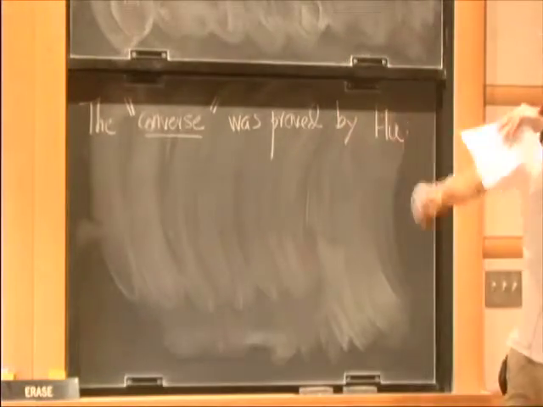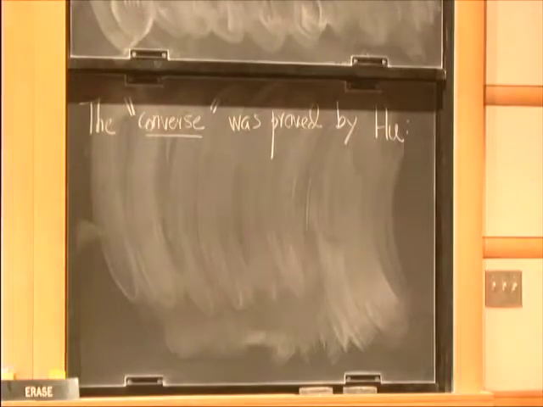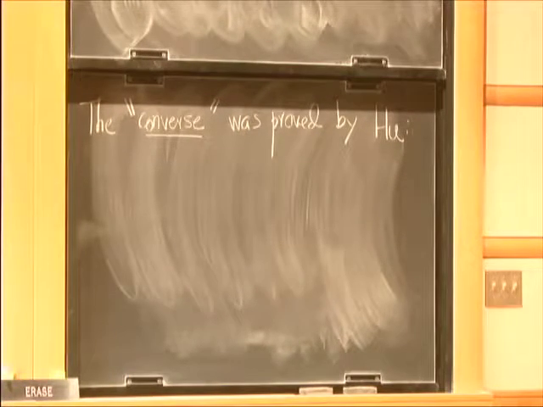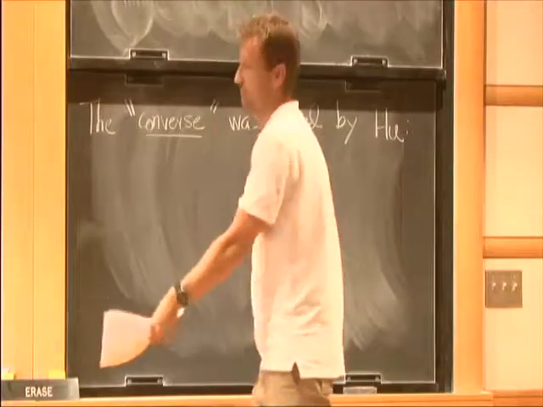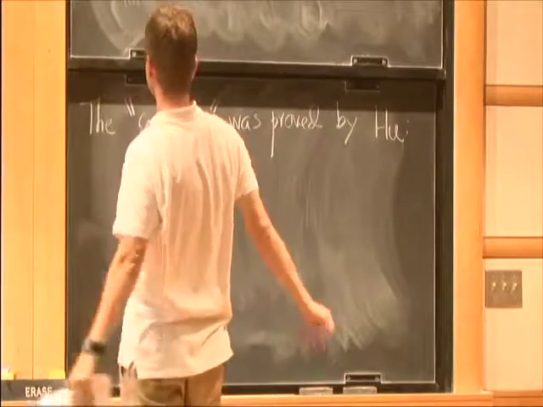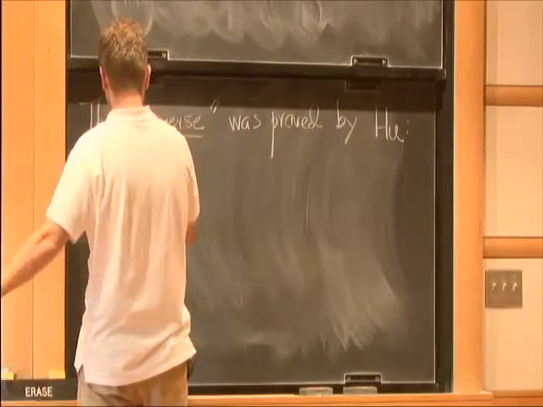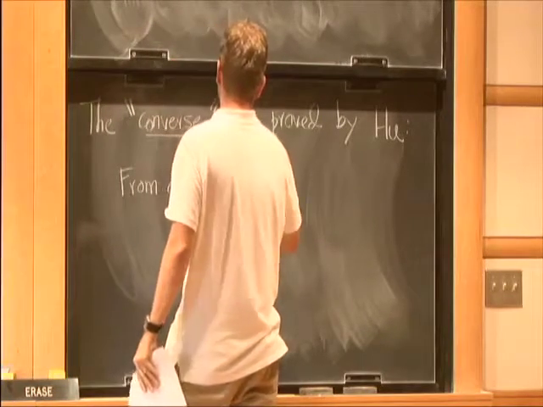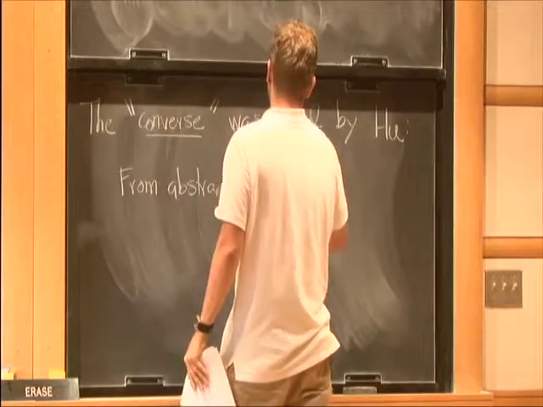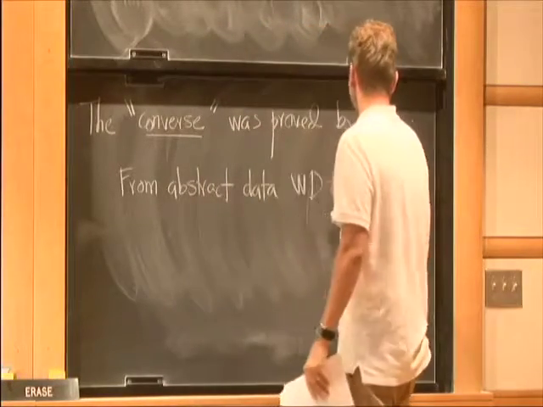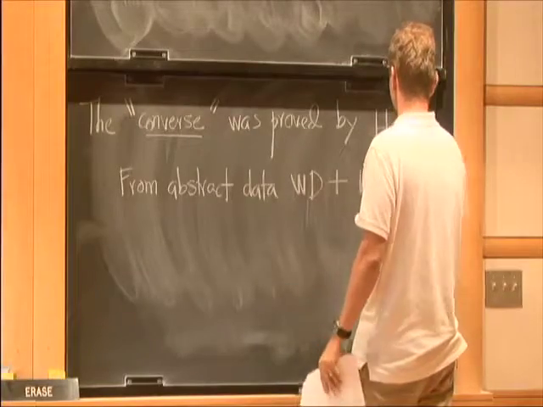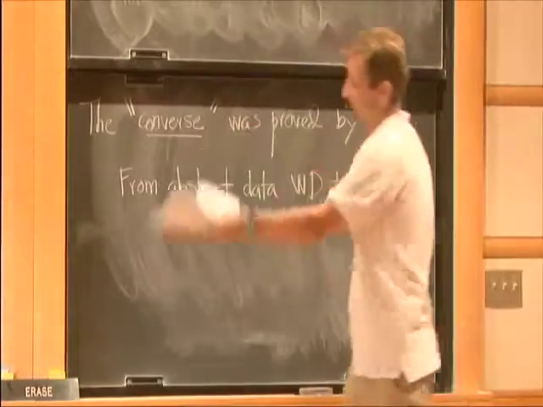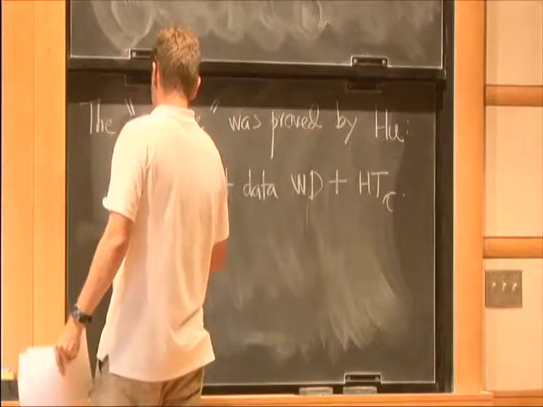So what do you mean by the converse? You can really start from just abstract data. You're given some Weil-Deligne representation and some set of integers. And you could use the same recipe and produce this locally algebraic representation. From abstract data, some Weil-Deligne representation and some tuples of integers, the very same recipe gives you some locally algebraic representation.